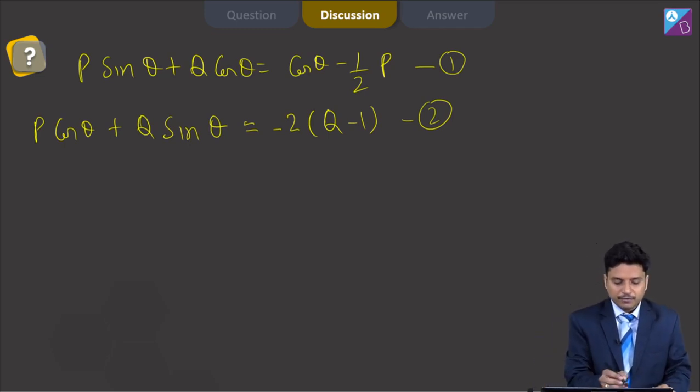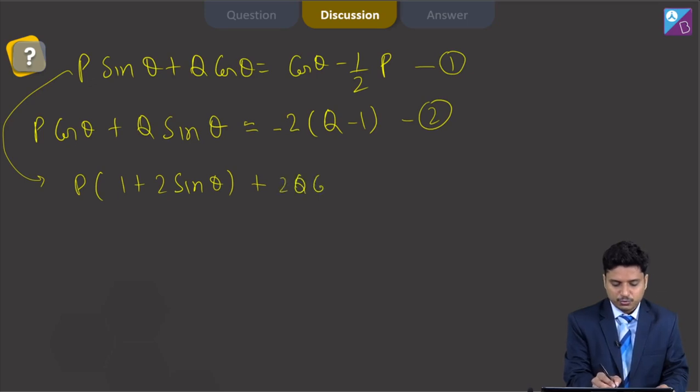So from the first equation, this will be p sin theta plus half, which is 1 plus 2 sin theta, and here you can go with 2q cos theta. P sin theta plus half plus 2q cos theta is equal to 2 cos theta.